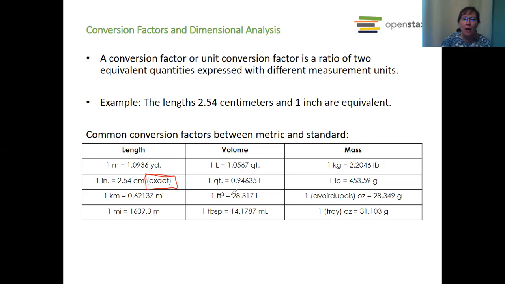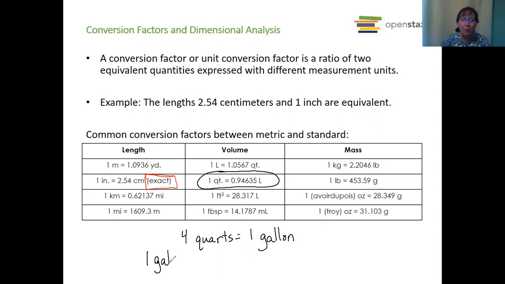So what we need to know is that there are 4 quarts in 1 gallon. And that's part of our standard or our English system that's used here in the US. Okay, and right here, we have this quarts to liters. Okay, so if 4 quarts equals 1 gallon, let's go ahead and figure out how many liters is in 1 gallon. And so you can create your own conversion factors like this.